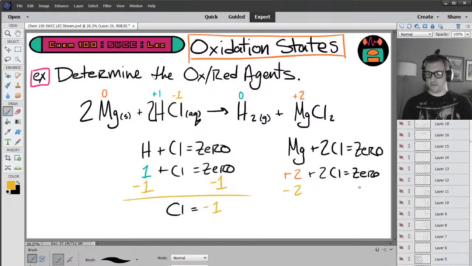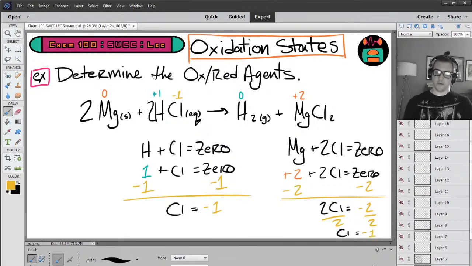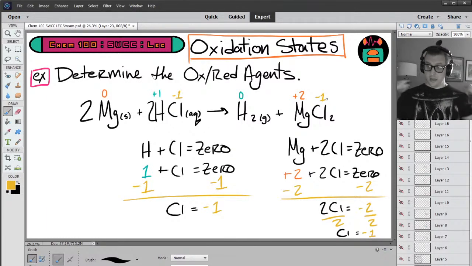Let's see, we subtract 2 from both sides of this equation to isolate chlorine on one side. So 2 times chlorine is equal to negative 2. And then we divide both sides by 2 to find chlorine's oxidation state, which again is negative 1. So chlorine in the molecule magnesium chloride has an oxidation state of negative 1.